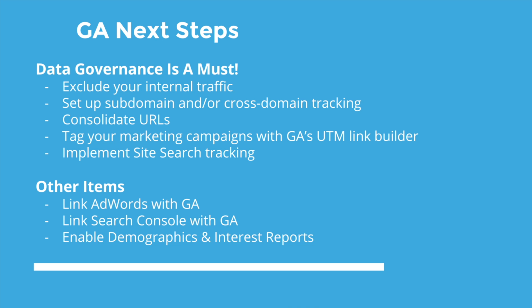Until you set up cross-domain and subdomain tracking, you can't do things like page value, or it gets broken. Goal funnels can be broken if they get moved from one domain to another, so that's another really important one.